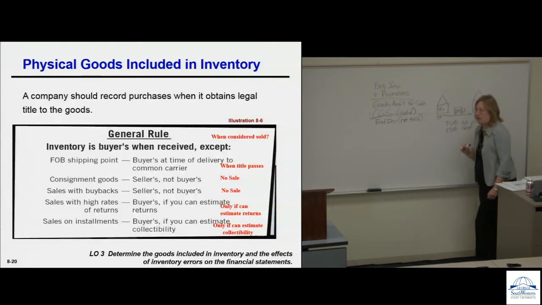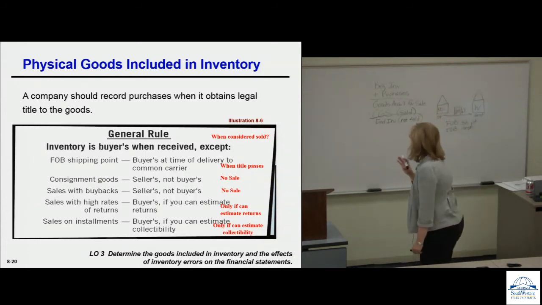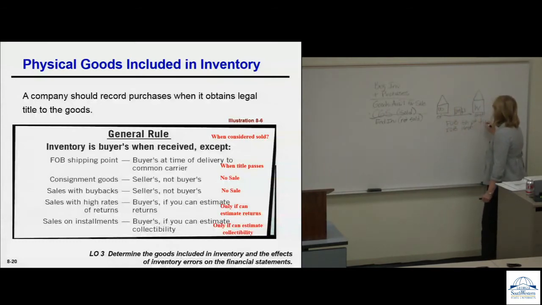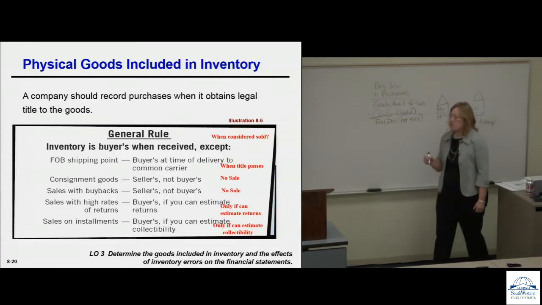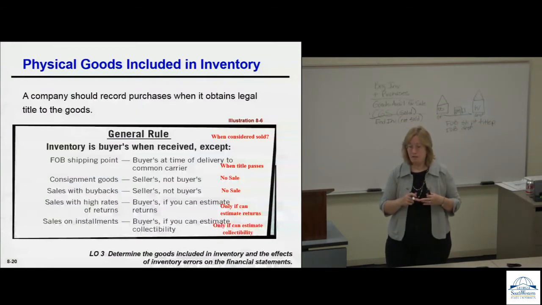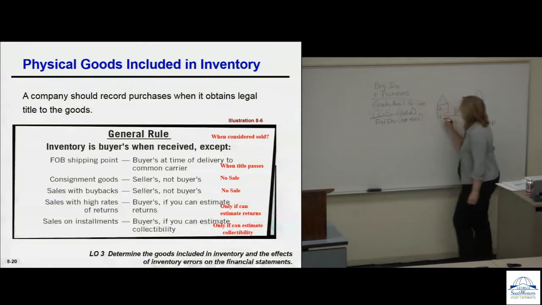So the title passes according to the FOB. If it's FOB shipping point, the title passes at the shipping point. If it's FOB destination, the title passes at the destination. If it's FOB shipping point, the title passes here.